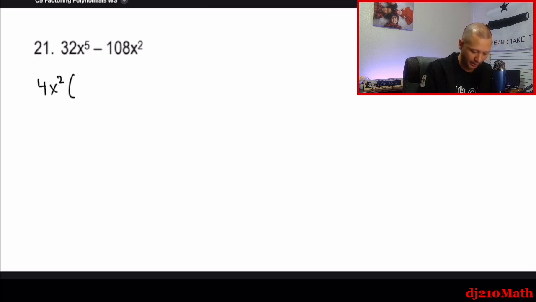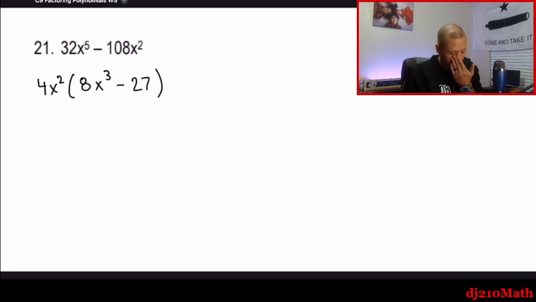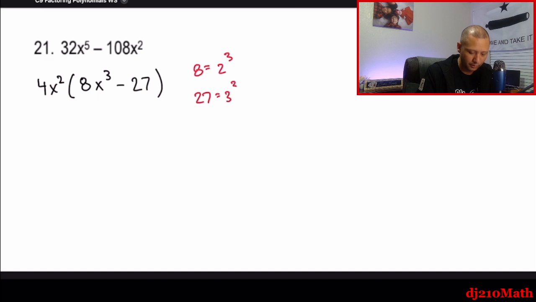So what's left behind? 8x cubed minus, so 4 goes into 108 twenty-seven times. Oh, that's nice. That's nice because the x is cubed. You can kind of see where this is going. Right, 8 is really 2 cubed. 27 is really 3 cubed.